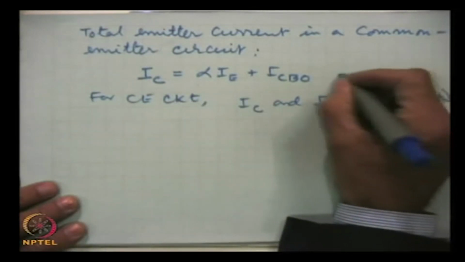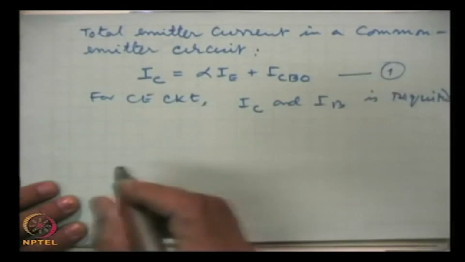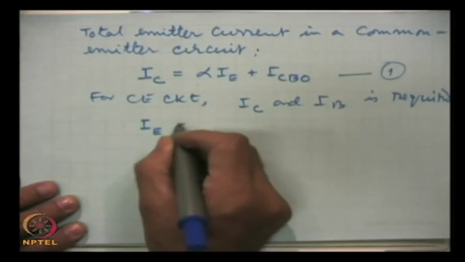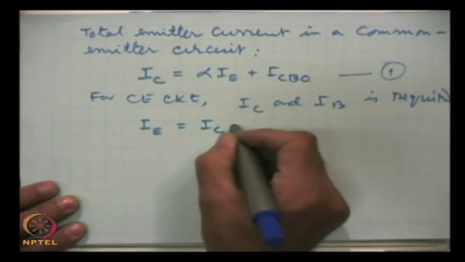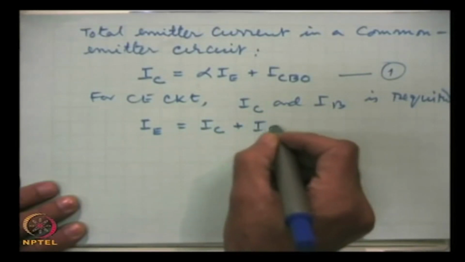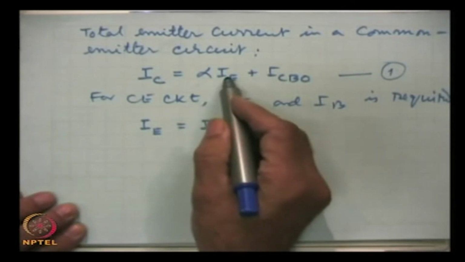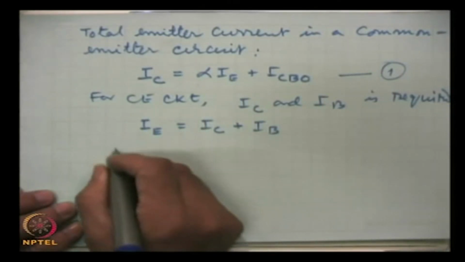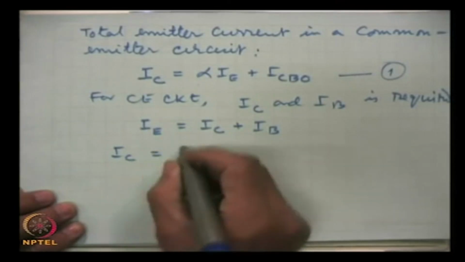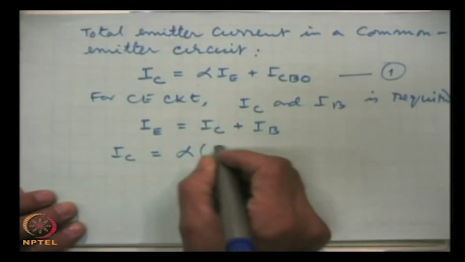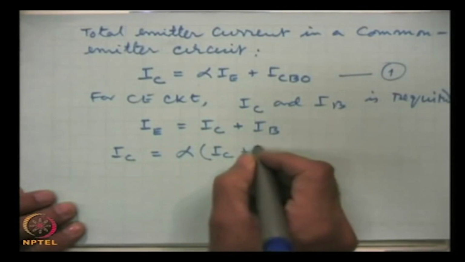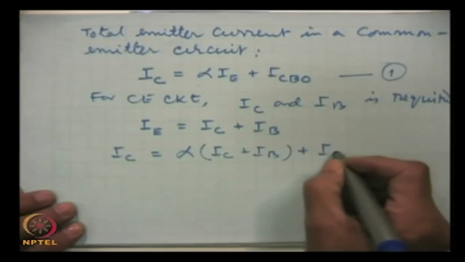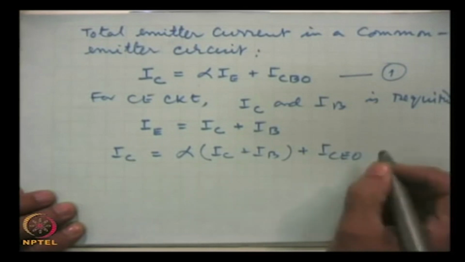We call it, for example, equation 1. We substitute IE equal to IC plus IB. We put this in the first equation, then we get IC equal to alpha times IC plus IB, plus ICBO.